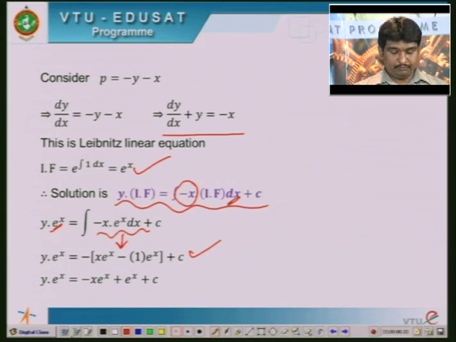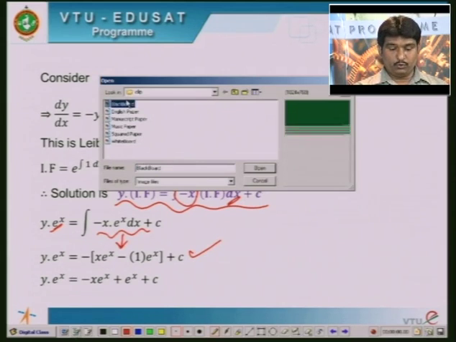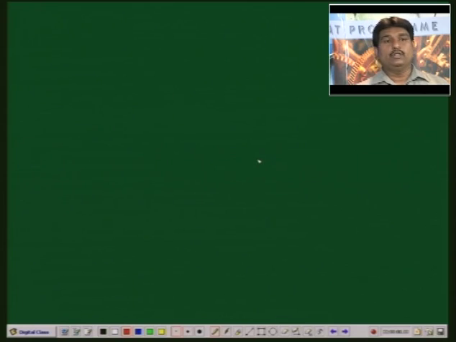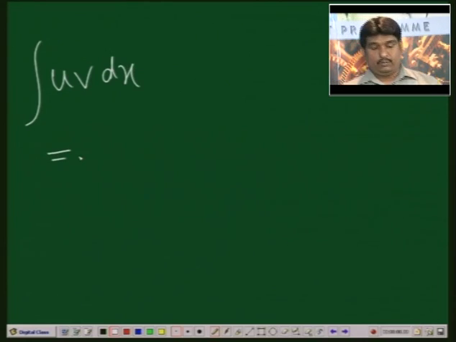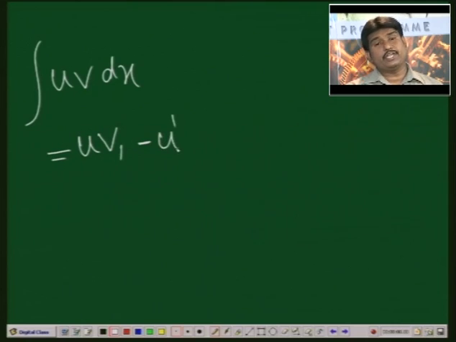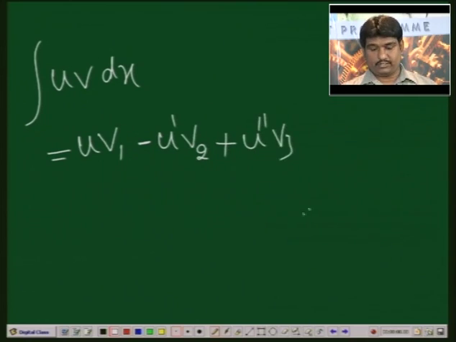You know Bernoulli's rule: integration of u into v dx equals, write the first function as it is, and integrate the second function, u into v1, minus differentiate the first function, integrate the second, plus, alternately plus and minus, differentiate the first, integrate the second one, and so on. Continue like this.